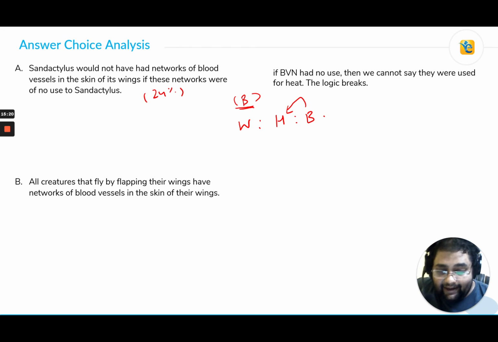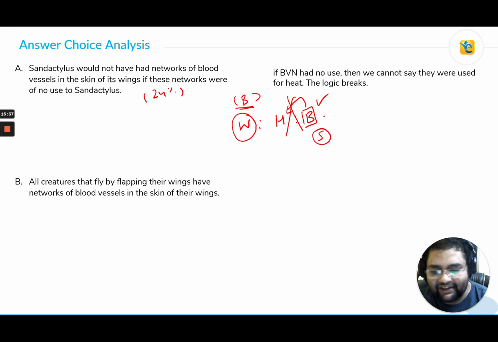Now, coming to Sandactylus, if in Sandactylus these blood vessels have no purpose whatsoever, they do not really perform the function of heat dissipation, then this chain gets broken. Then just because blood vessels have been observed in Sandactylus, we cannot claim that Sandactylus used to flap their wings. Therefore, option A, if you negate it, will break the conclusion. So option A is the only correct answer. It is in line with our pre-thinking.